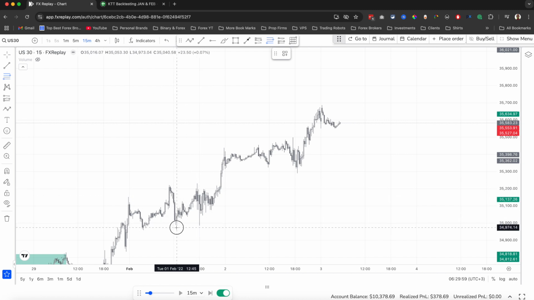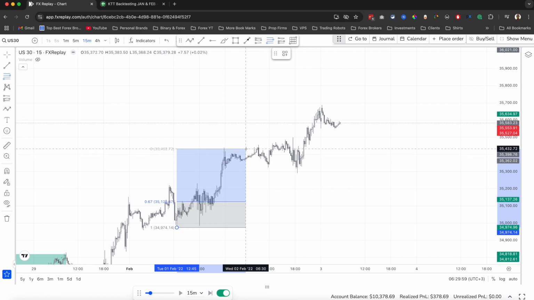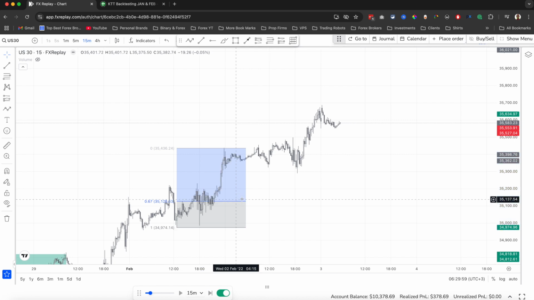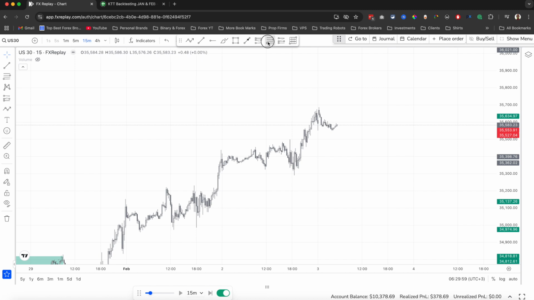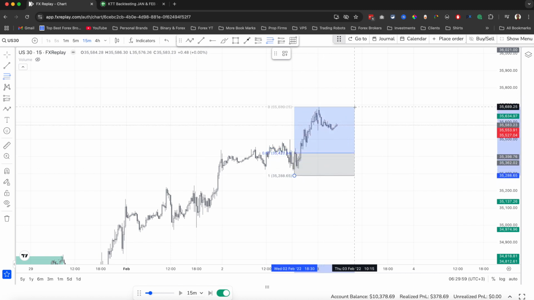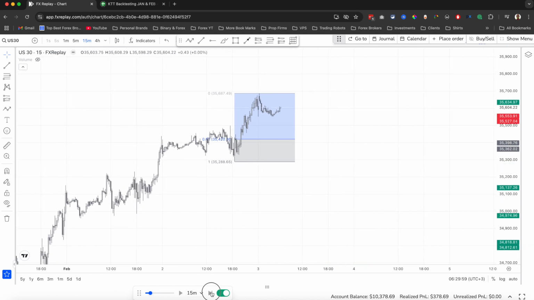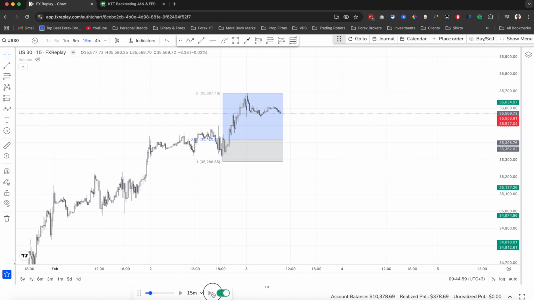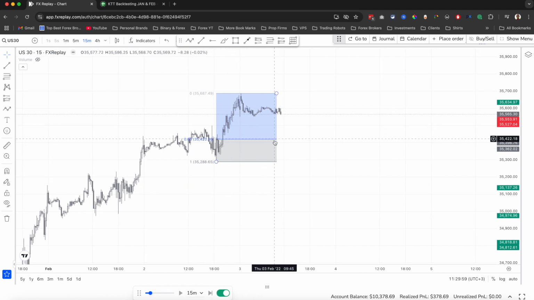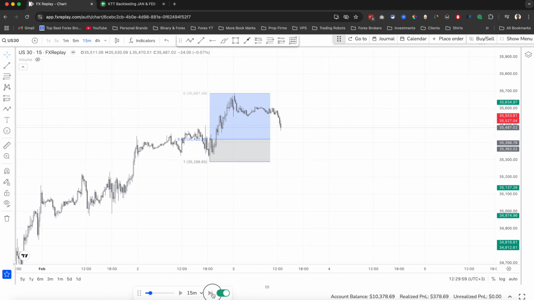If we could have put our trade here, we could be in a trade there. But let's put this one here because there's a break and it looks like the price is now retesting. Let's put our Fibonacci over there. If the price retraces back to this point, then we take our trade.